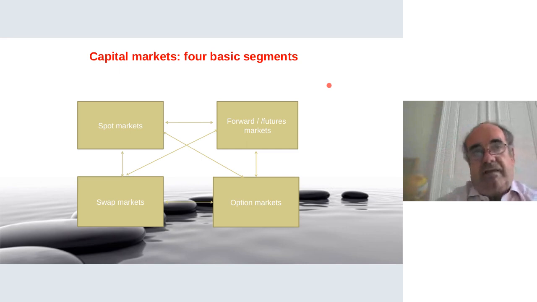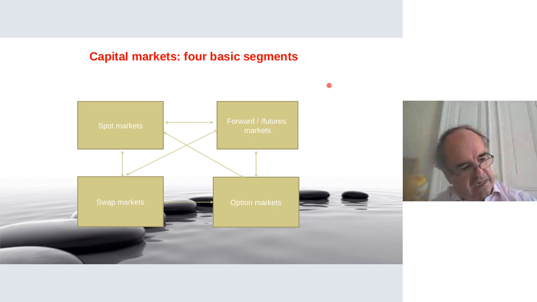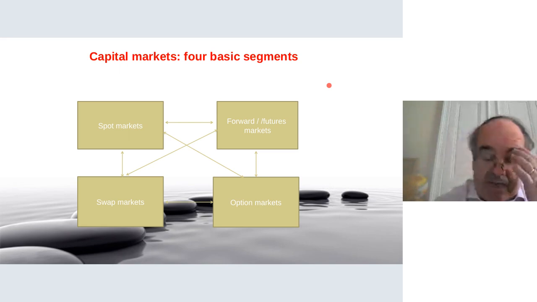Third market in which we will go, options market. I have been working a lot of time on a part-time basis in an investment bank, which name was Indosuez. Maybe some of you know it because it has Asian origin.